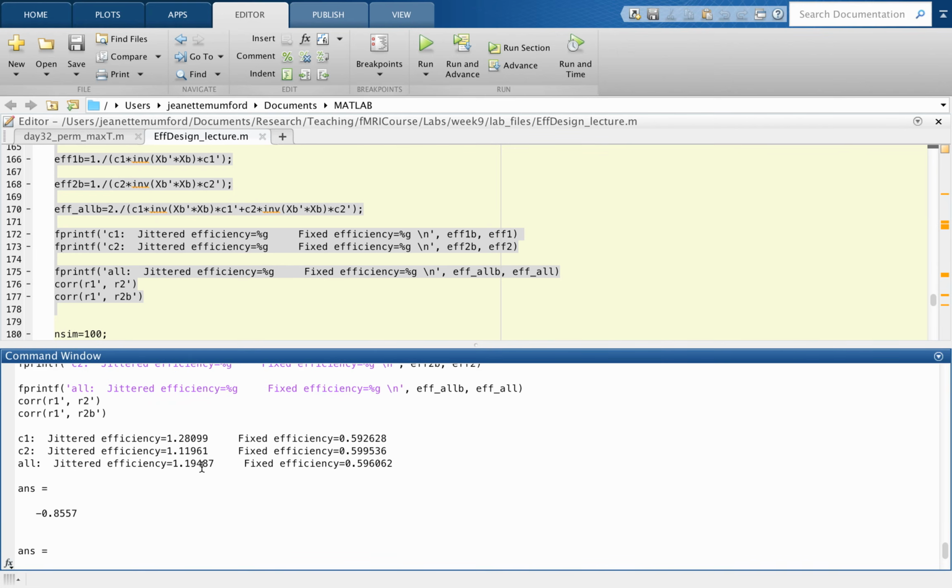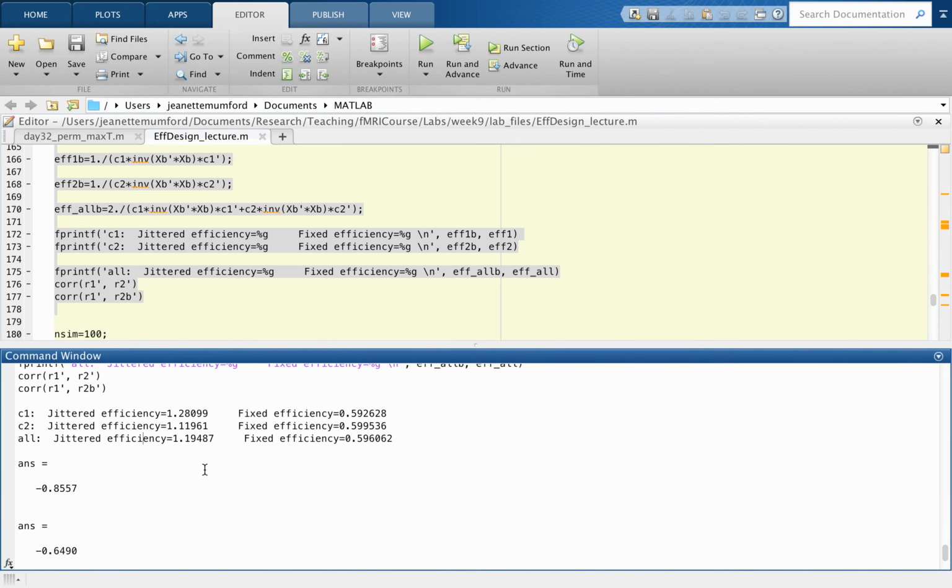So this means your variance for the jittered model, your within subject variance, will be half as large as it will be if you use the fixed efficiency. Granted, we all know from the mixed effects model lecture that I gave that the between subject variance typically dominates, and it's bigger than the within subject variance, but it certainly helps to have a more efficient design.